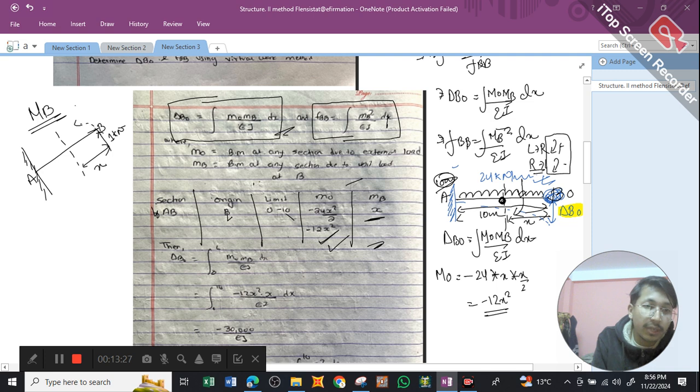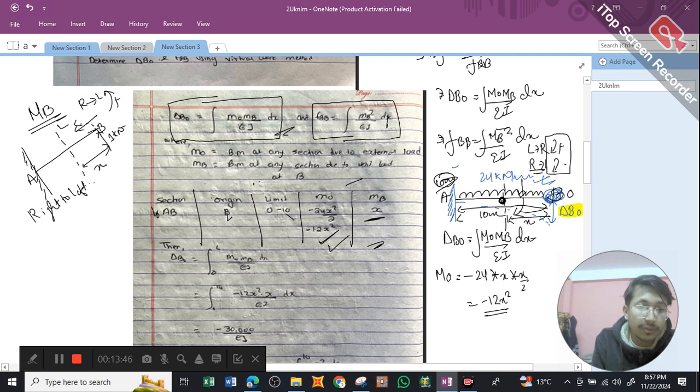But while we're moving from the right section towards the left section, clockwise movements are taken as negative, whereas anti-clockwise movements are taken as positive. You need to remember this.